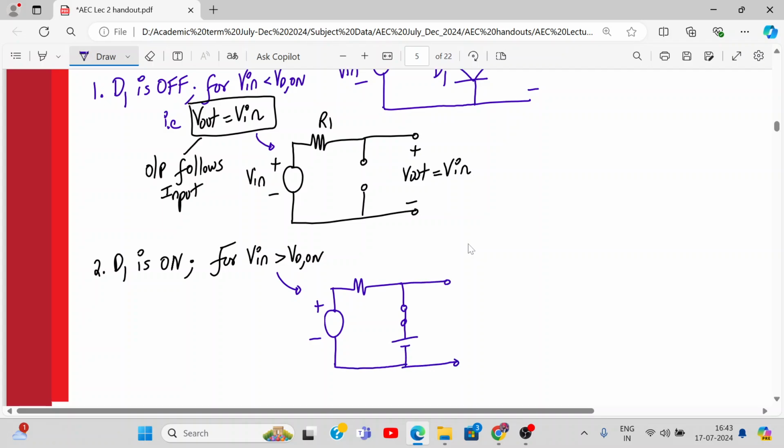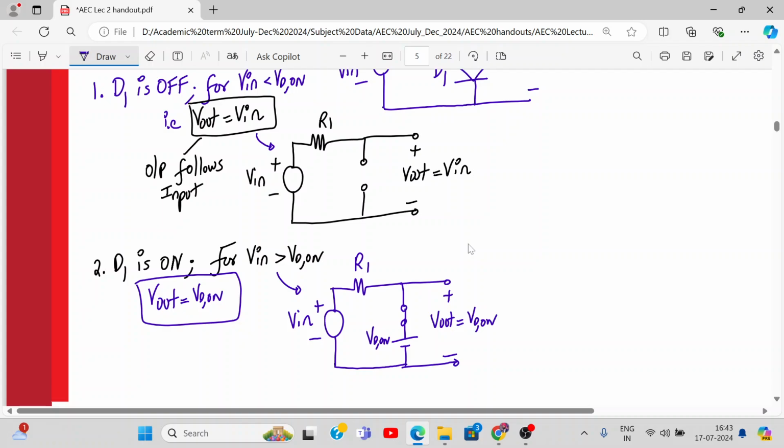Now if I measure output V out, what will it be equal to? Tell me. V out is equal to VD on. So output is constant, equal to 0.7 or VD on volts.